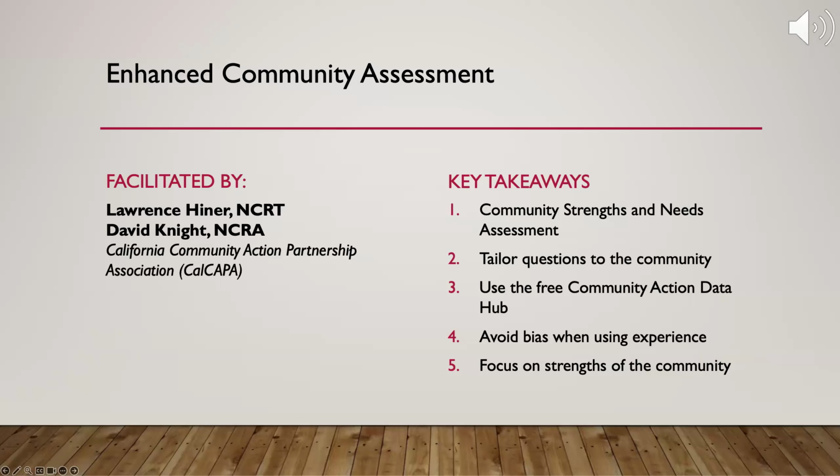So it's like finding that sweet spot between objective data and informed judgment. And he also talked about focusing on strengths. Not just needs. Really highlighting those community assets. It's easy to get stuck in that deficit mindset. But we really want to shift the narrative from what's wrong to what's right. Focus on what those communities are already doing well.